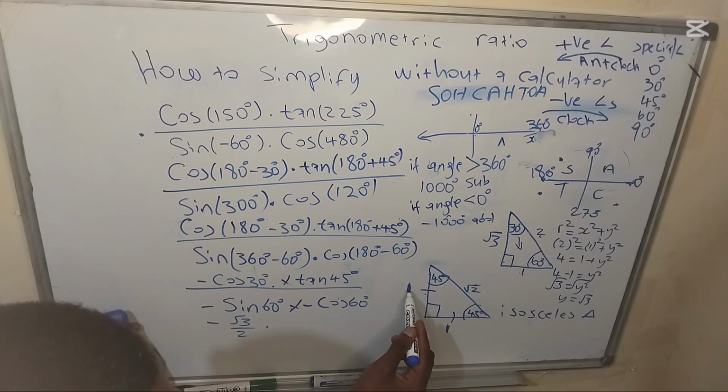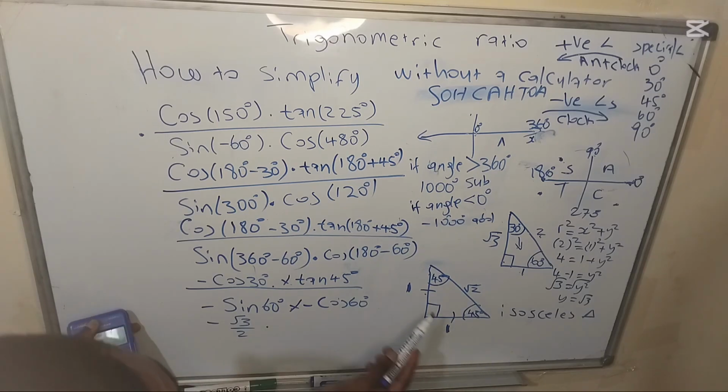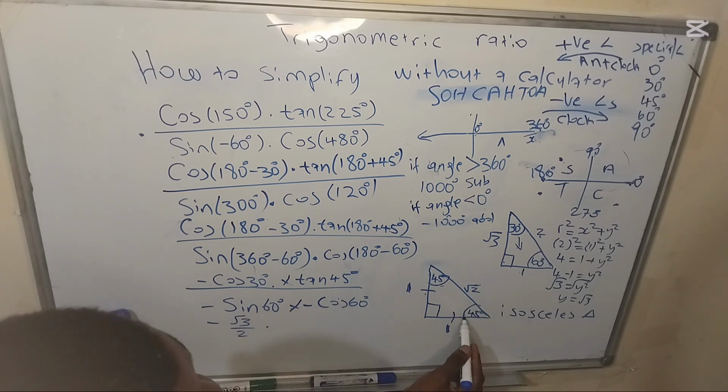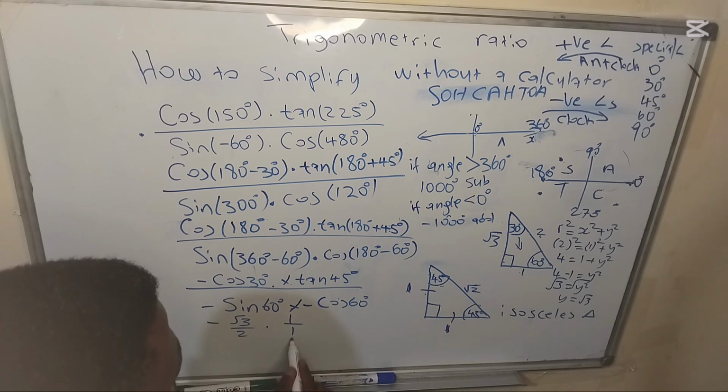Our opposite is equal to 1, and our adjacent is also equal to 1. So tan 45 degrees is opposite over adjacent, which is 1 over 1.